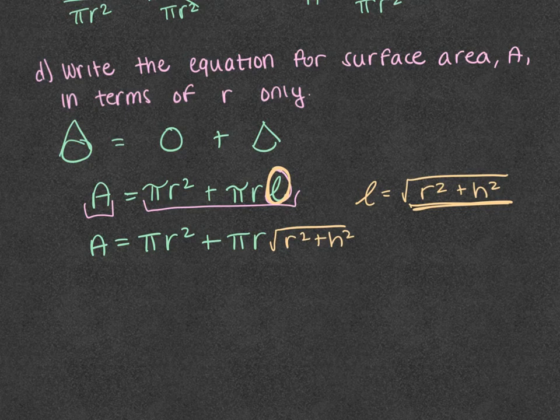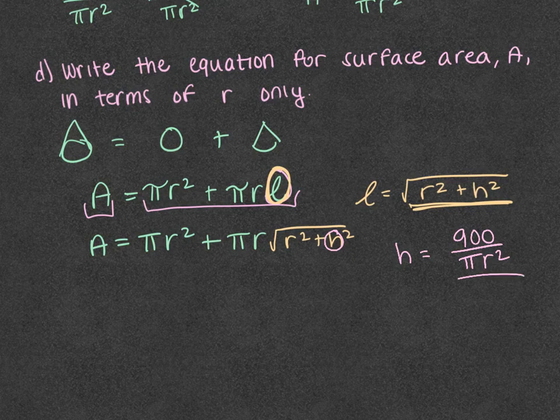We're still not done though, because again, I need all of this to be an r, but now I have an h here, which is in the way. So again, let's look back and see if we know anything about h, which we do from the previous problem. h is 900 over pi r squared. So we're going to do the same thing and replace h with this expression.